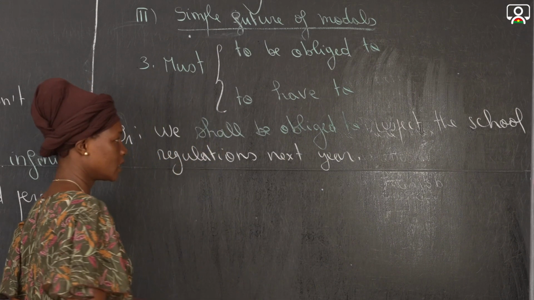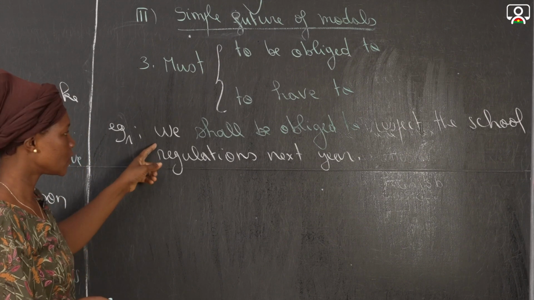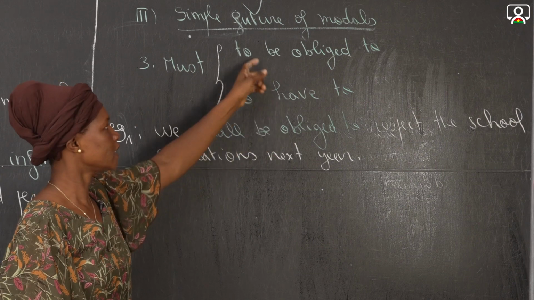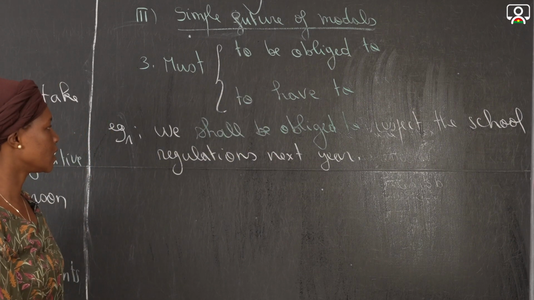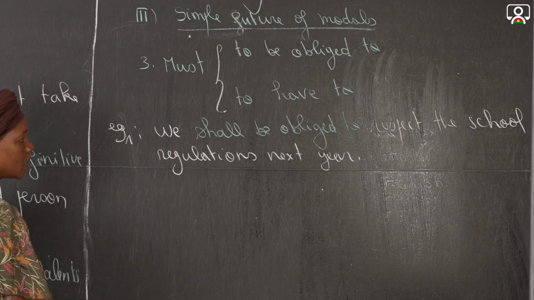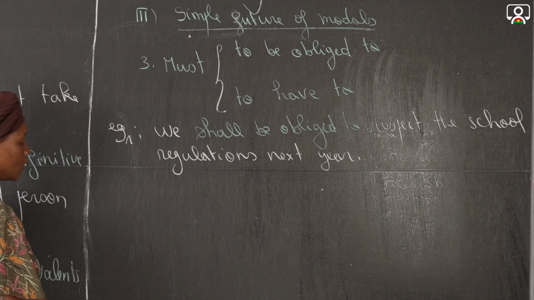So our sentence is in the simple future. I can't use must after shall, so I take one of its equivalents. So we shall be obliged to respect the school regulations next year.